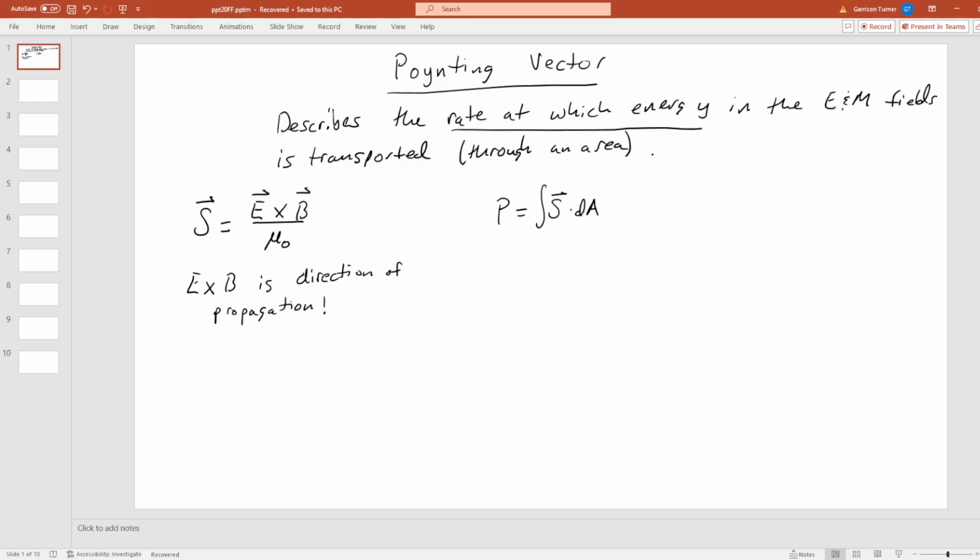So what this means is that energy is contained in the fields. Now that's nothing new. We saw the same thing with capacitors and so forth.